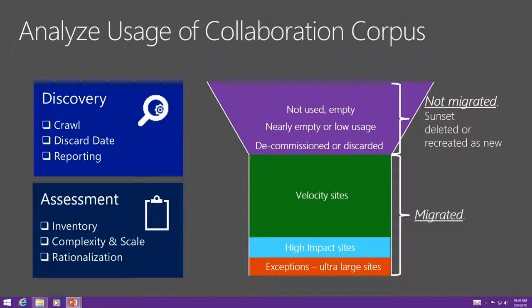We have crawling tools. If you have them, go and crawl, get a good knowledge of what your corpus is. Think of your discard date. The more data you want in your crawl, the longer it's going to take for this crawl to run. For example, we had a customer where we thought we could crawl their entire corpus in a weekend. They had maintenance windows.